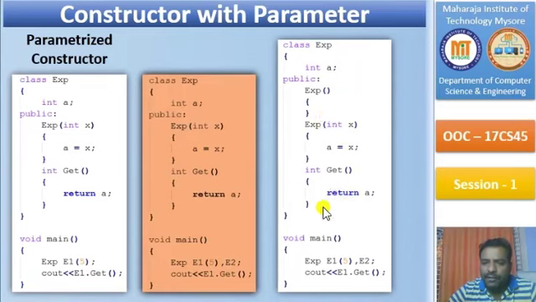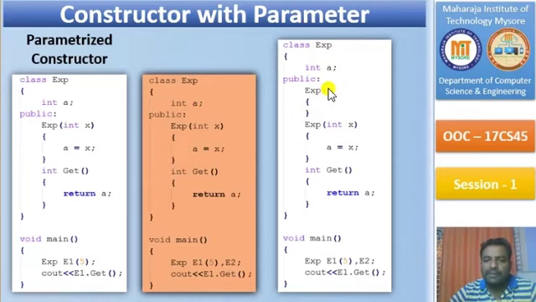Same program, everything is the same. The one modification I've done here is I have defined a zero argument constructor. It is now similar to a default constructor, but this is not a default constructor. This is a zero argument constructor. Hence, we are going to have zero parameters and an empty body.